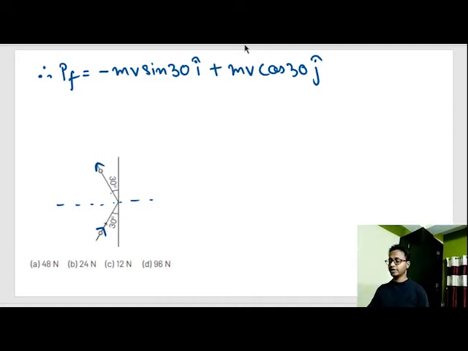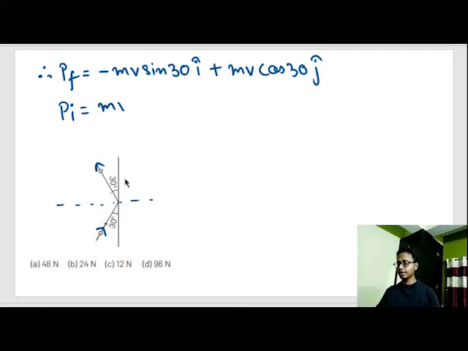You are slapping the final vector on this axis, so cos 30 j. Initial momentum similarly becomes mv sin 30 i plus mv cos 30 j.